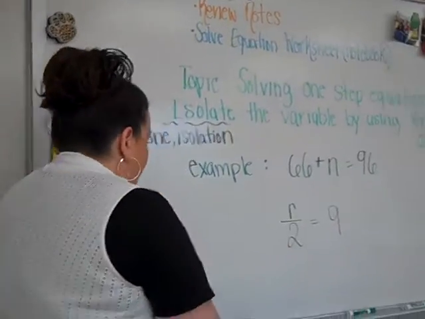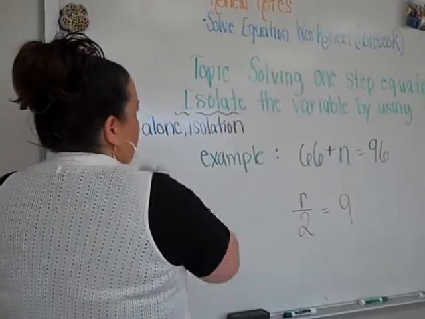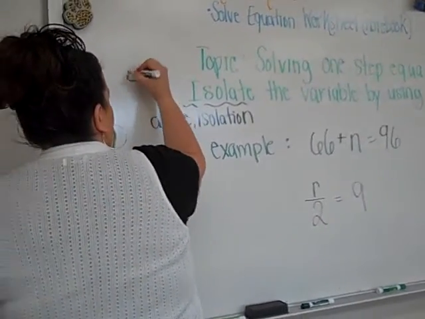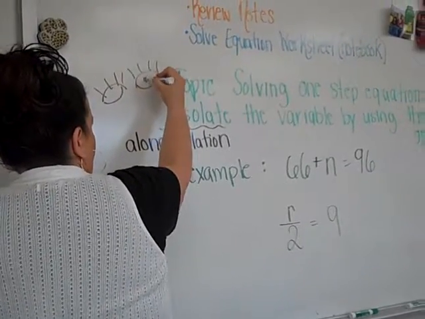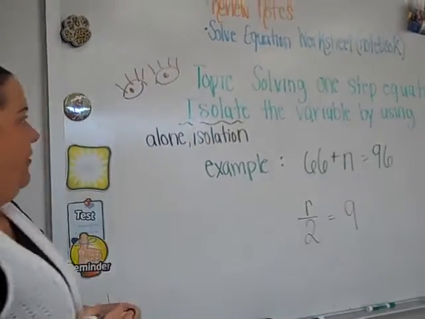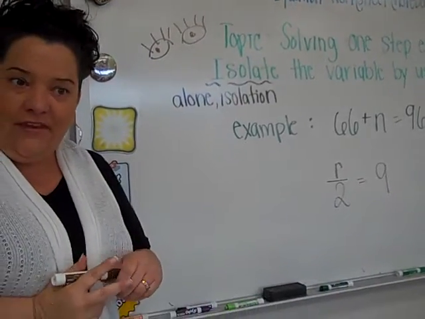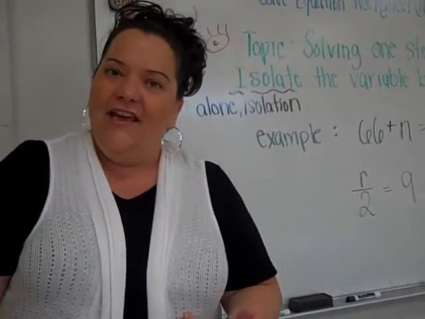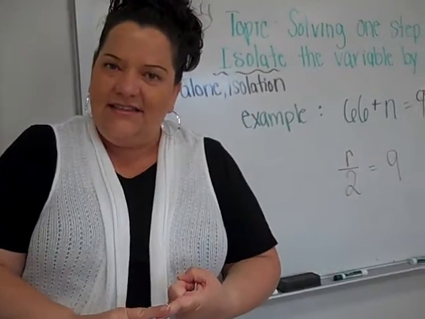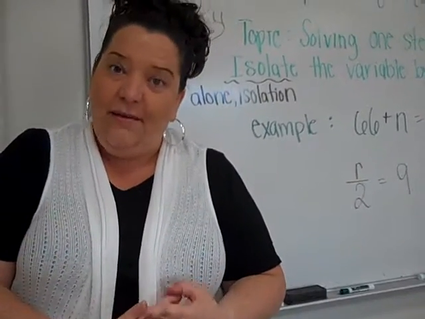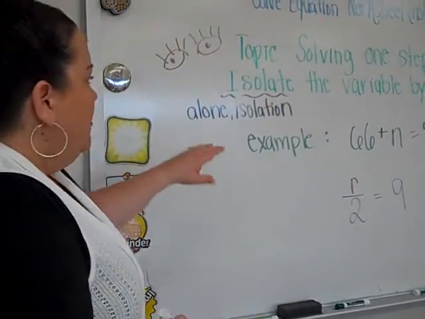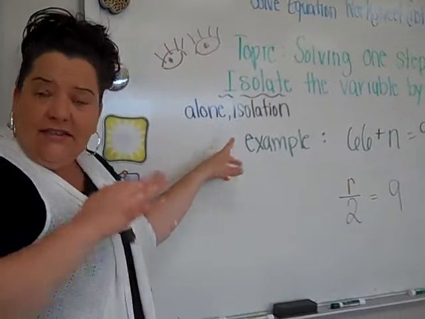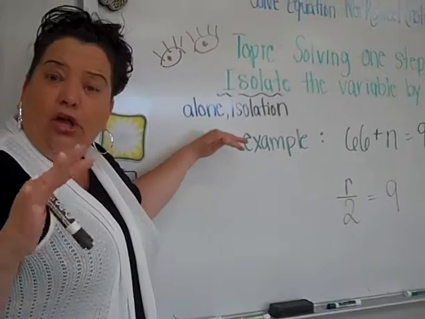I love to put two eyes, like real eyeballs, with the double I rule. And the reason I call it double I is because isolate and inverse, they both begin with the letter I. So isolate means that we have to have the variable alone.